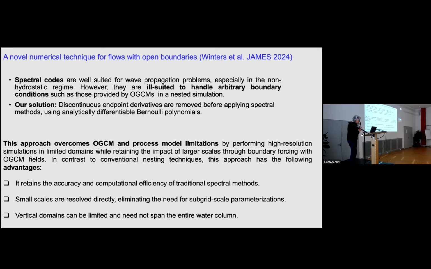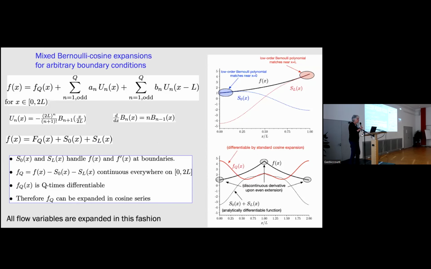So actually, what we do for every variable in our domain, well, U, V, W, rho, etc., we expand all variables as the sum of this term f sub q, which is a cosine series, plus some Bernoulli polynomials, which have very nice recursion relations.